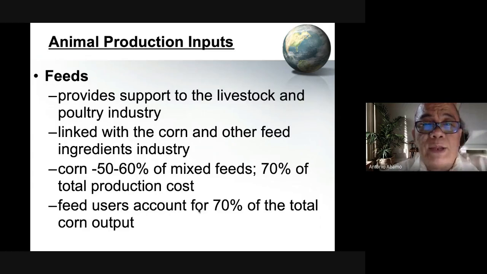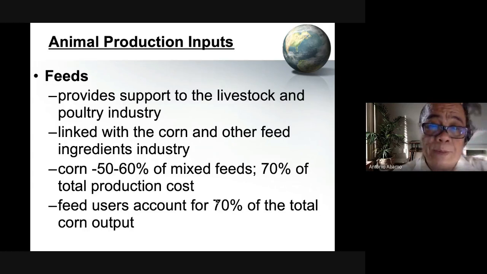Corn is actually 50 to 60% of the composition in feed formulation in the feed milling industries. 70% of the production cost is actually brought about by these feed milling industries, coming from corn-based feeds. Feed users account for 70% of the total corn output in the Philippines.